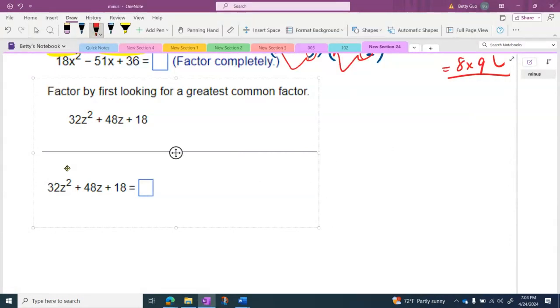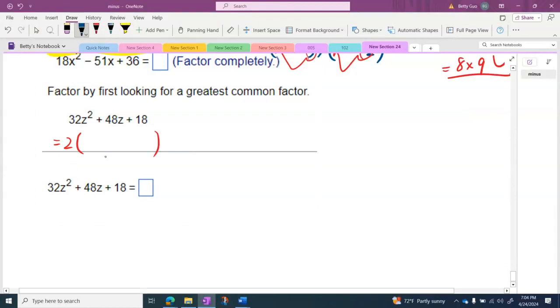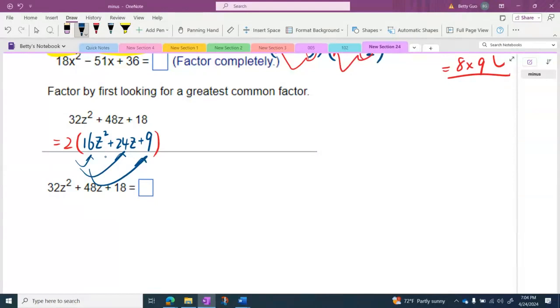Factor 2 out. Inside the parentheses, we have 16z squared plus 24z plus 9. Double check. 32z squared, 48z, and 18. Okay.